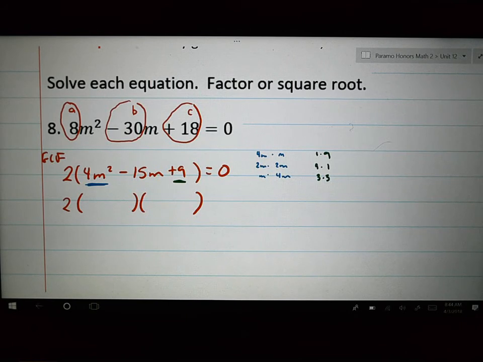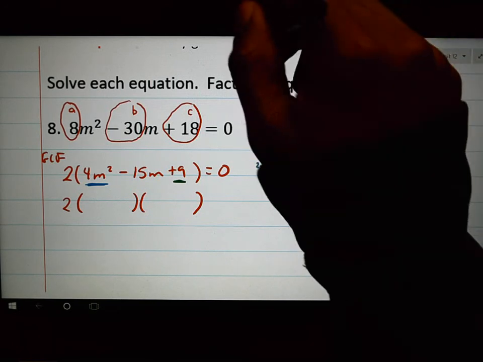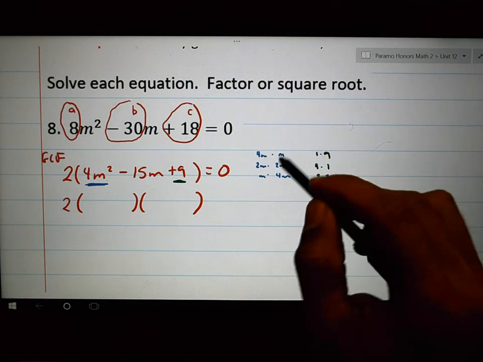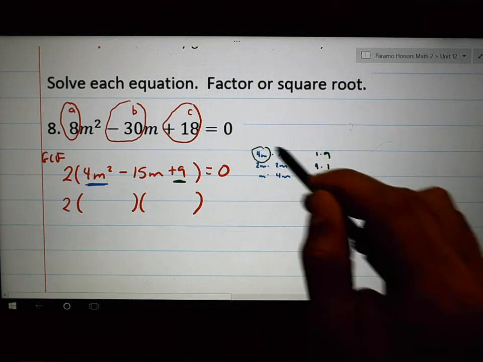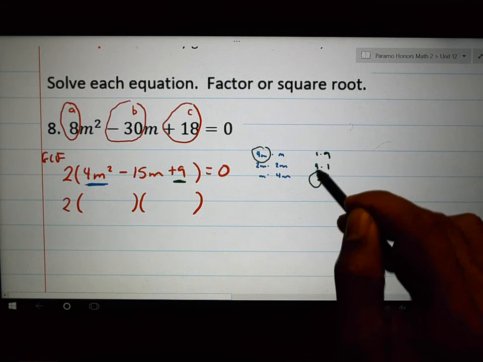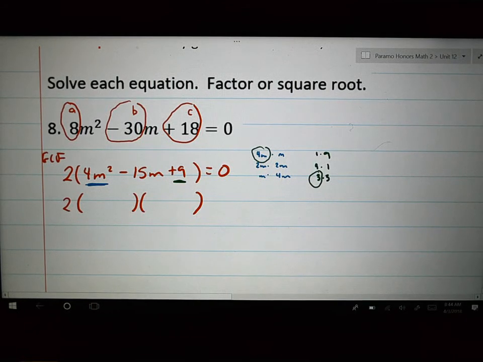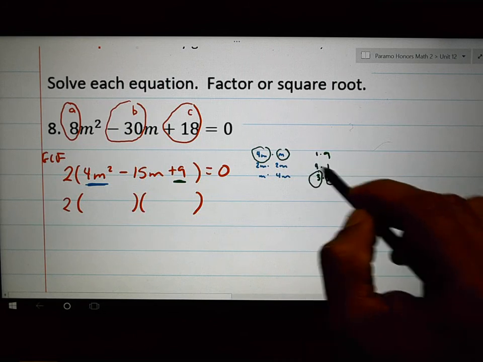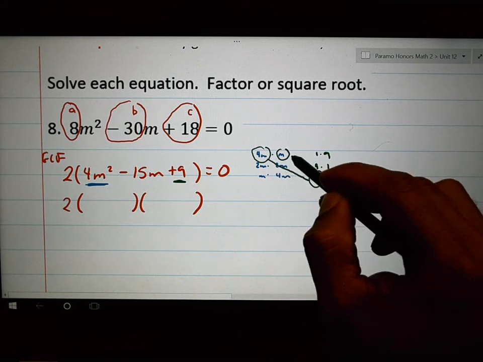Here's what I'm doing in my head, just so you can see. I'm kind of going like this and saying, okay, if I did this times this, what do I get? Put that in my head. And then I go, what is this times this? So let me just draw a little arrow and a little arrow.